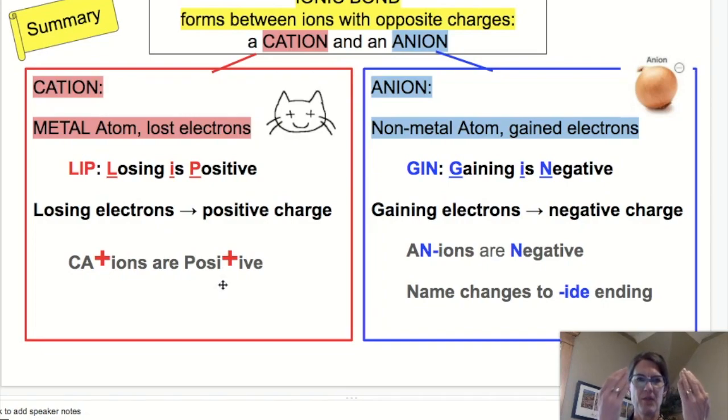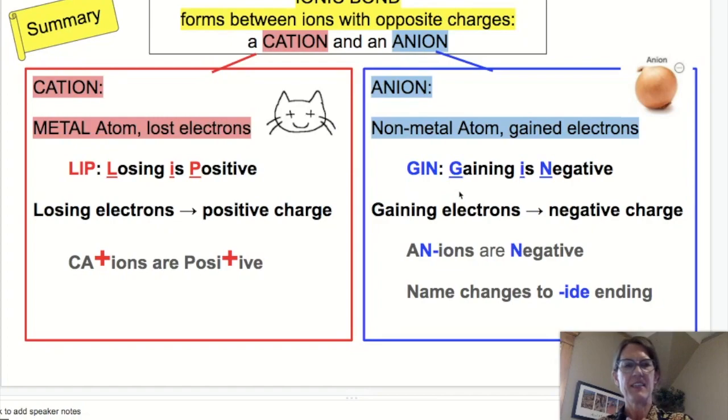And remember also, cats have paws. Cations are positive. On the other side, anions kind of look like the word onion. It's a nonmetal atom that gained electrons. And here's another memory tool, GIN, G-I-N, spells gin. Gaining is negative.